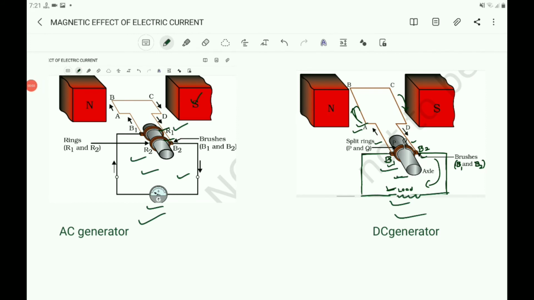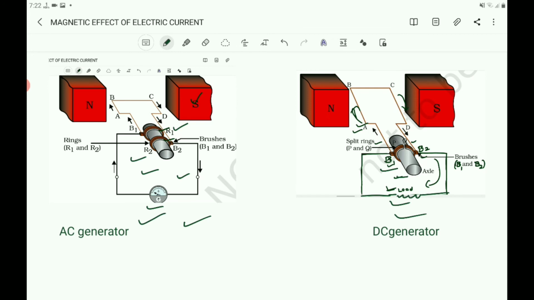If you compare the alternating current with the direct current, alternating current is considered to be advantageous over direct current for long range transmission of electric energy. Only alternating voltage can be stepped up or stepped down by using a transformer. This makes AC more suitable than DC for transmission of electric power over long distances without much loss of energy.